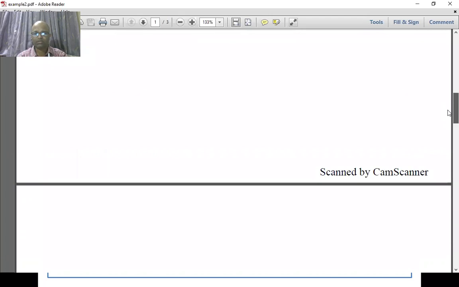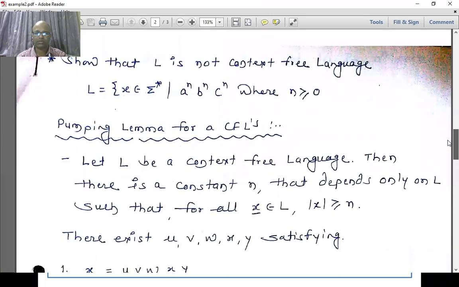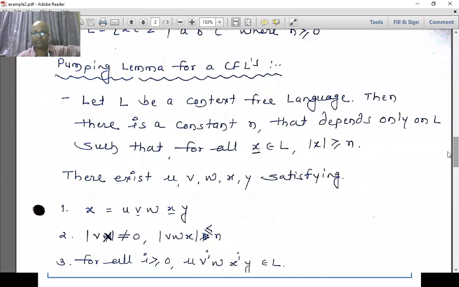In this case, we'll use the pumping lemma for context free languages. These are the properties that every context free language must possess. We are trying to prove that the language is non-context free, and we can prove it by contradiction.